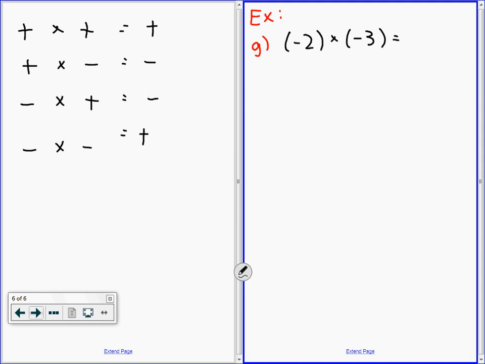2 times 3 is? Six. Now, is the answer going to be positive or negative? Yeah. Now, the reason you can do it is positive. If you have this thing memorized, you don't have to do the plus.